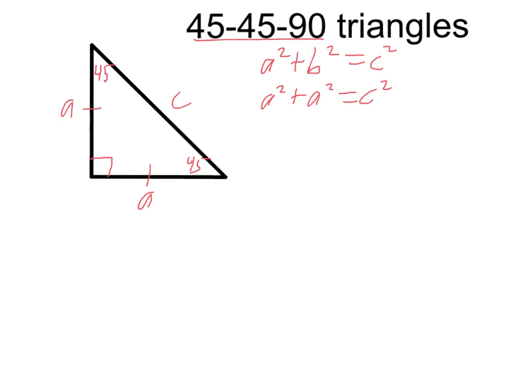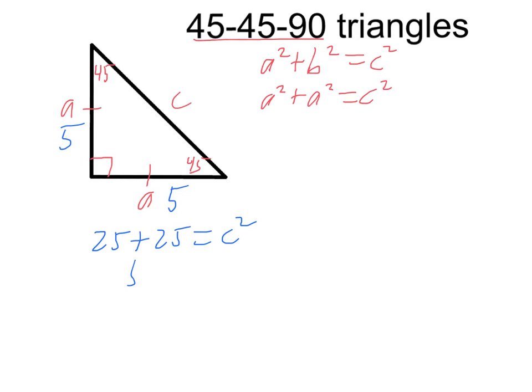Let's try it with a number first and see if that makes sense. So let's just say a is 5. So that means this side is also 5. Because it's isosceles, we can actually calculate the length of the hypotenuse. So let's see what happens. We get 5 squared, which is 25, plus 5 squared again, which is 25, equals c squared.